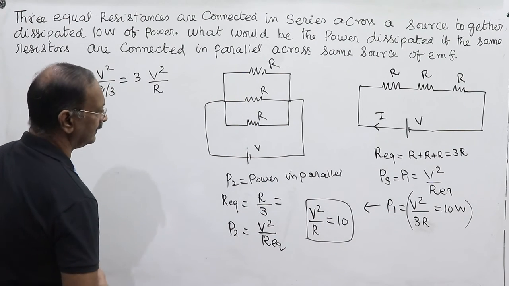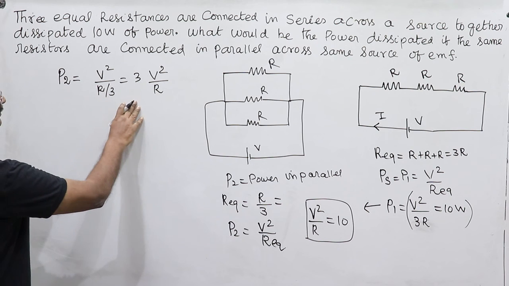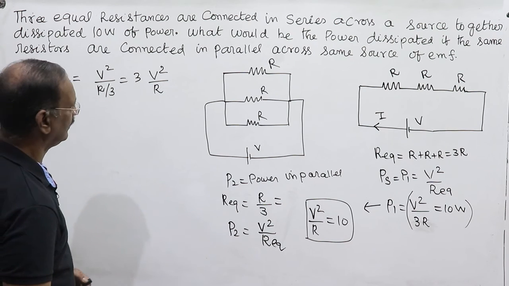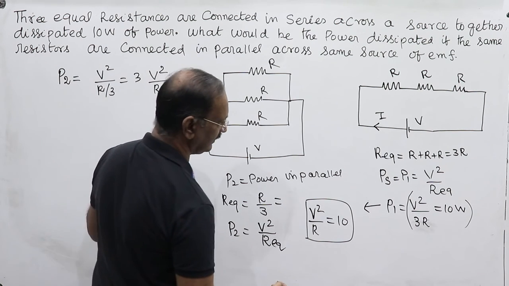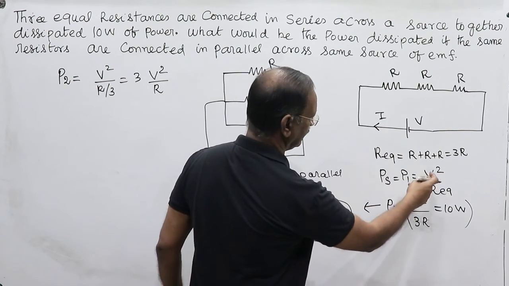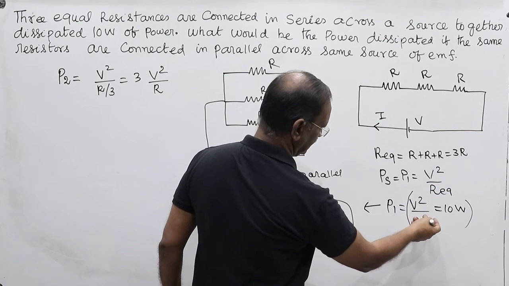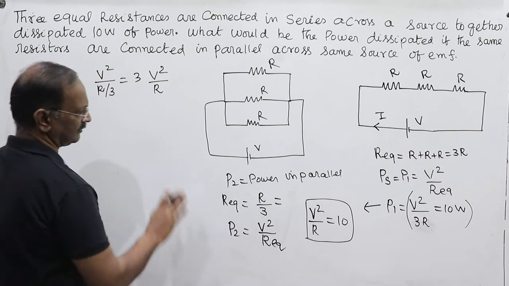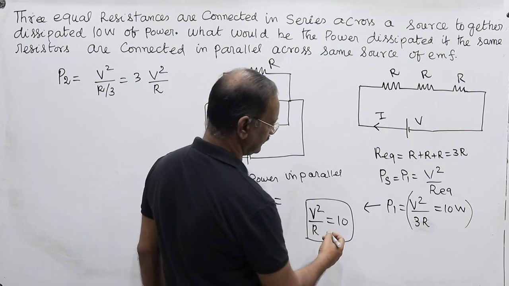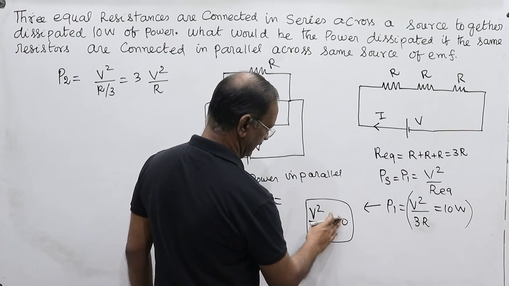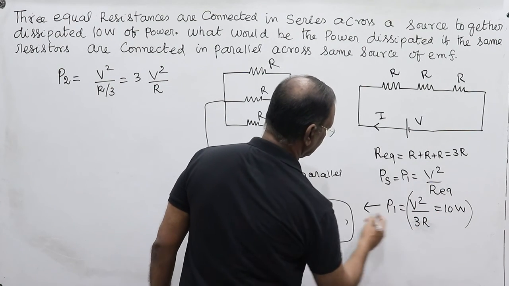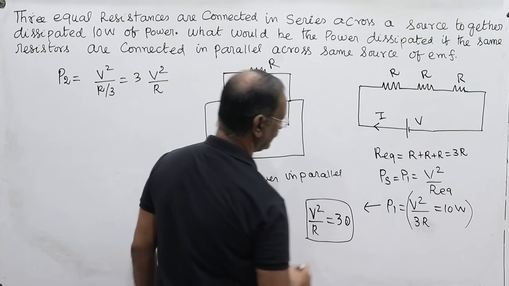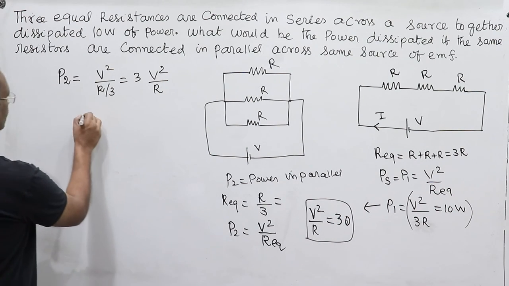So V squared by R is equal to 10 into 3, which is 30.